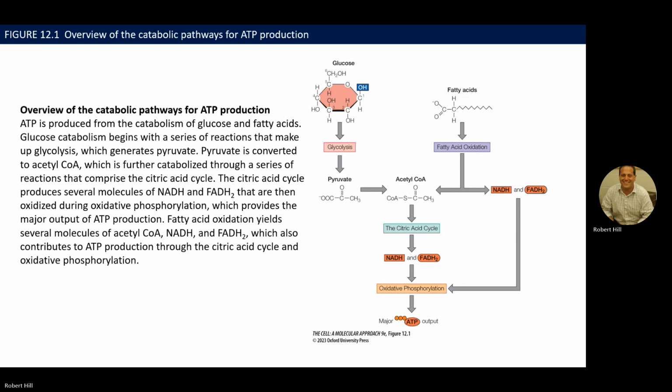Okay. So the electron transport chain pumps hydrogens, protons, from the matrix to the intermembrane space. So ultimately, we have a high concentration of hydrogens here and a low concentration of hydrogens here.